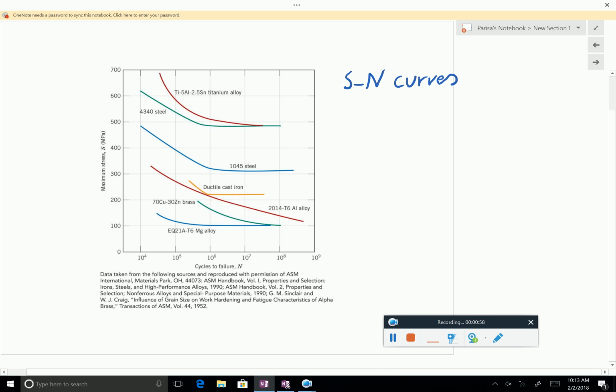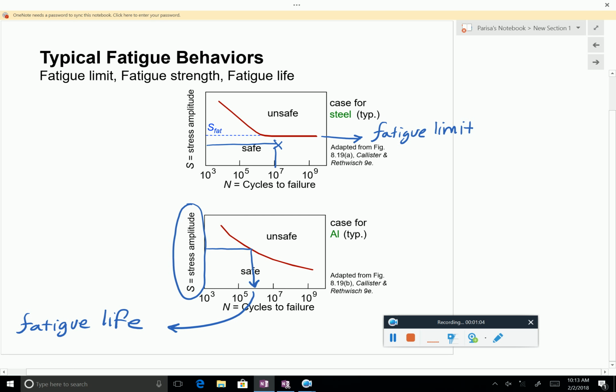And they are useful for fatigue, for making sure that we are designing the structural member or part such that we are in the safe zone, considering the fatigue behavior of the material that we are dealing with.